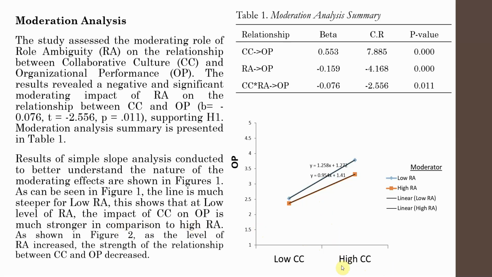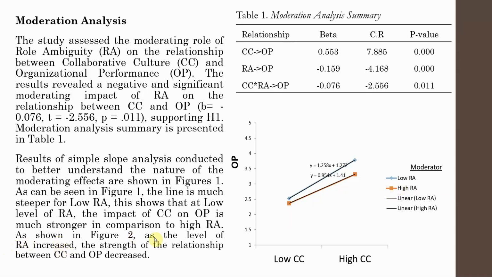That is, if you increase your collaborative culture, there is an improvement in organizational performance. But at high RA, even if you are increasing your collaborative culture, this does not lead to a similar sort of increase in organizational performance. So the impact of CC on OP is much stronger at low RA in comparison to high RA.